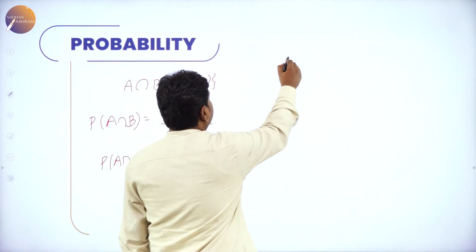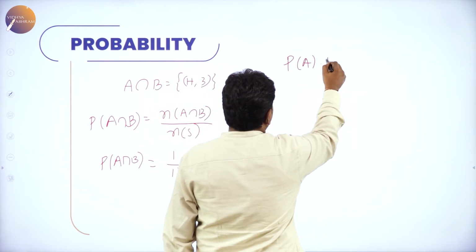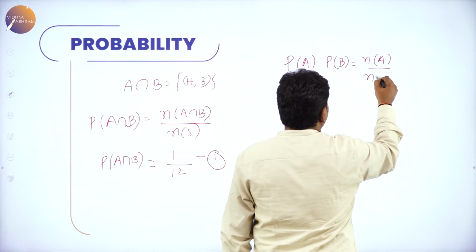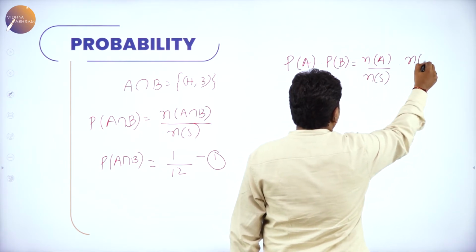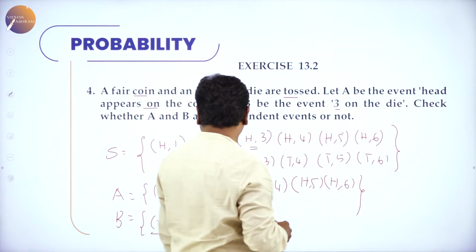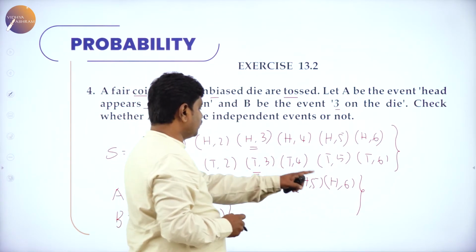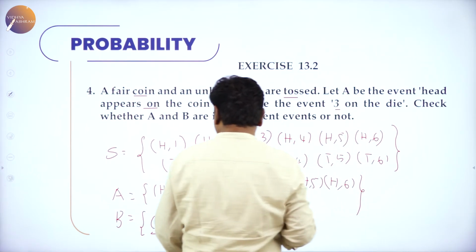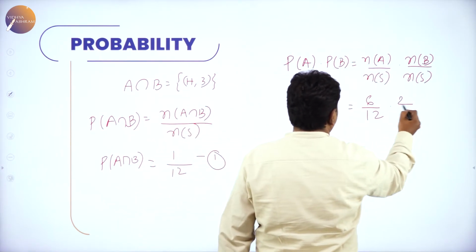Now you find P of A into P of B. Consider P of A into P of B. What is P of A? N of A by N of S, into, what is P of B? N of B by N of S. What is N of A, the number of elements in A? In A we have 1, 2, 3, 4, 5, 6, so in A we have 6 out of 12. In B how many do we have? In B we have 2 out of 12.